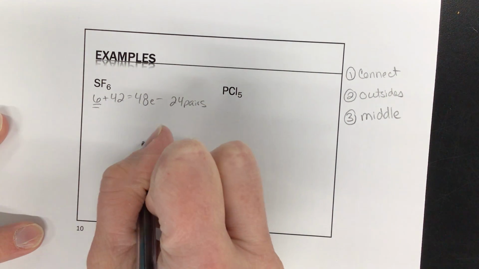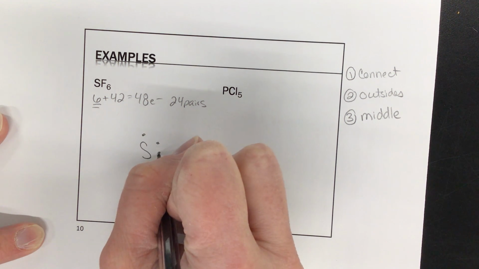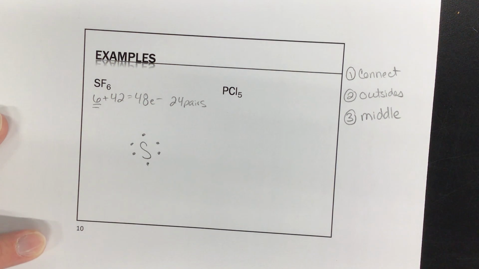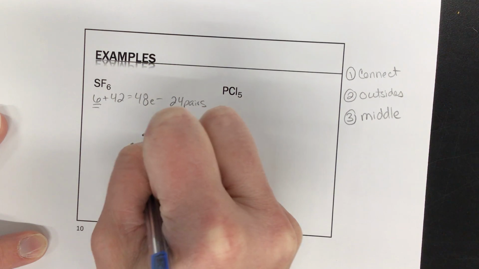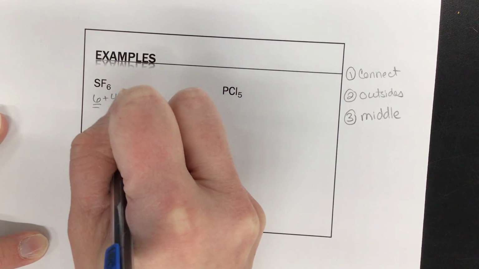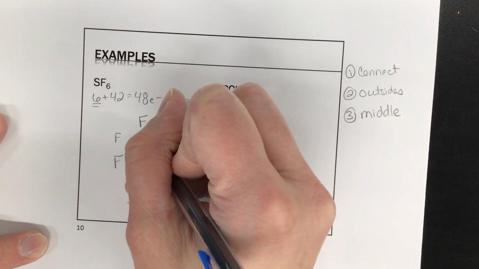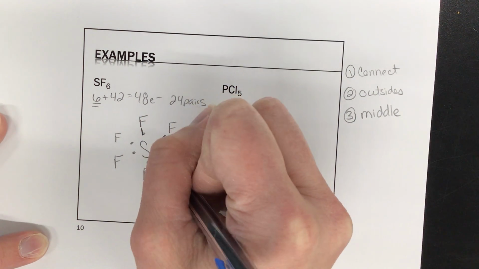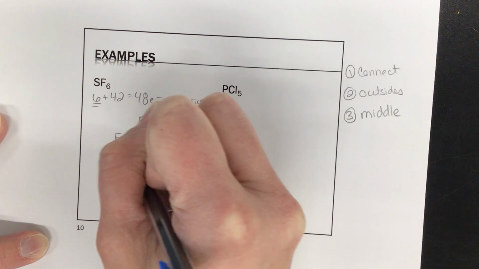So I'm going to put the sulfur in the middle. So I'm going to draw 6 dots for my sulfur because it has 6 valence electrons. I'm going to squeeze my fluorines in here as best I can. And that's how many bonds I can make. So I can bond 1, 2, 3, 4, 5, 6.